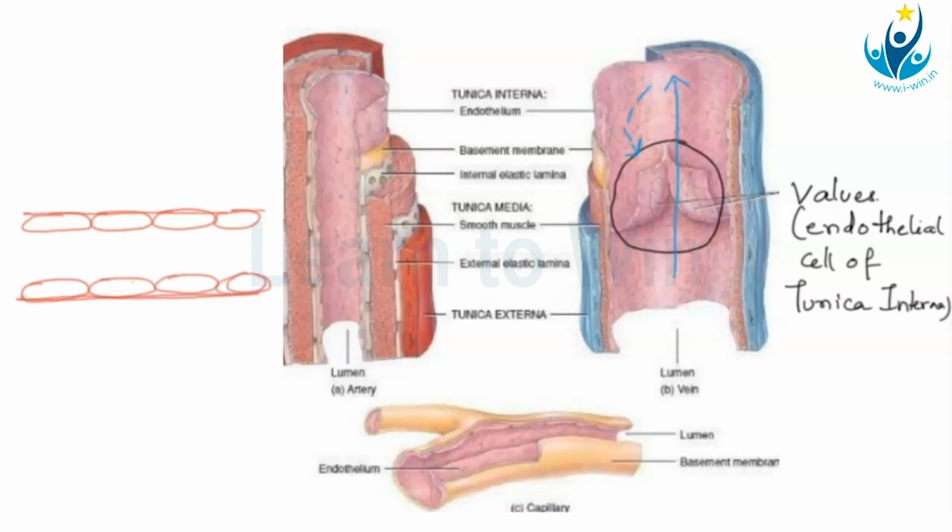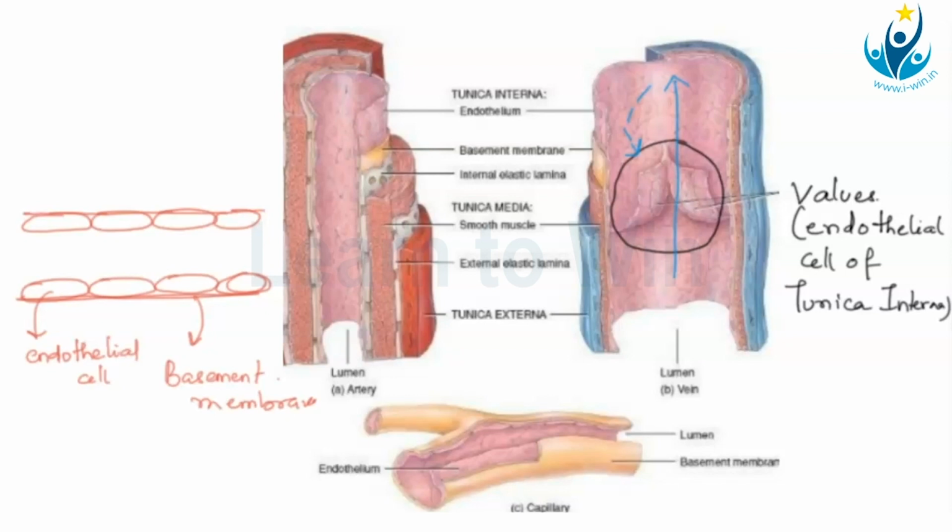So this is how blood vessels are generally represented, with the endothelial cells and the basement membrane. The other layers are generally not mentioned, but they are present. Just because these layers are more important, they are more clearly represented whenever blood vessels are spoken about. So this is the structure of the arteries and veins.